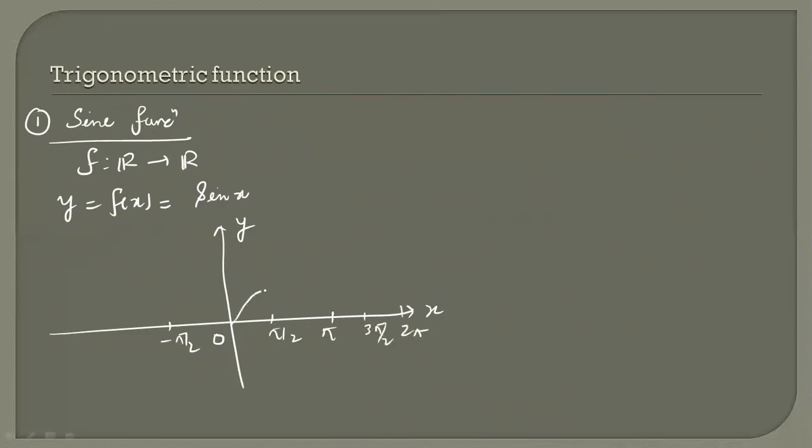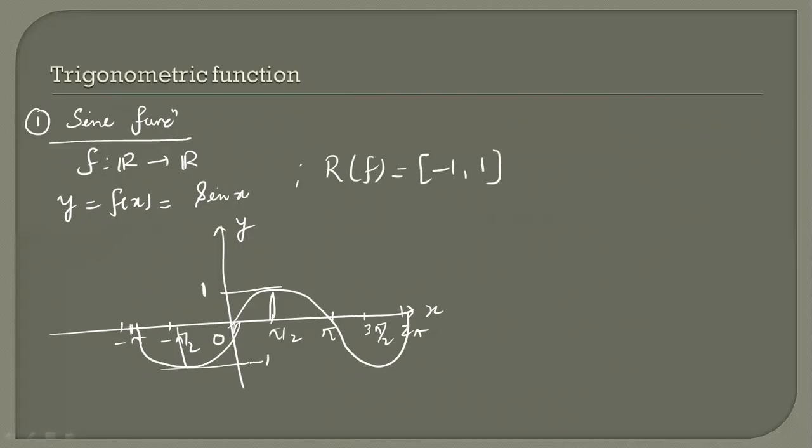So its graph looks like this, and here minus pi. This is your sine x graph. The maximum value sine x gets is 1 and the minimum value is minus 1. So the range of this function is between minus 1 and plus 1, every value between minus 1 and plus 1.